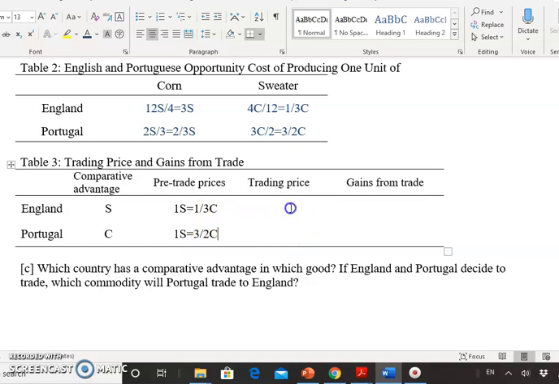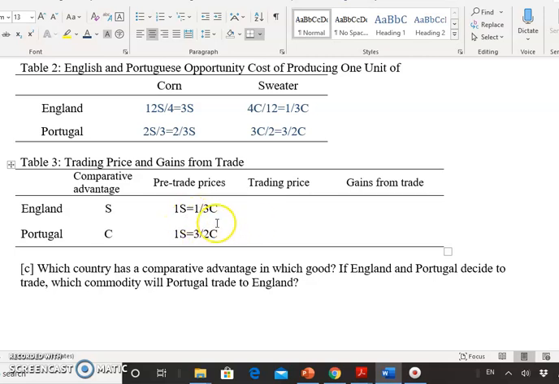Now suppose they are trading. When they are trading with each other, you would find that the price is going to be the same between the two countries. Why is it the same?